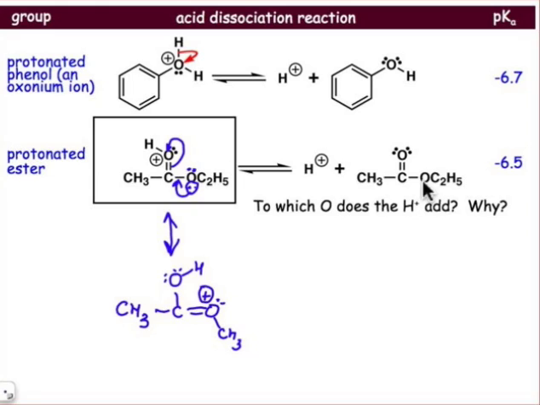So here, by protonating the sp2 oxygen, we have the important conclusion that we can share that positive charge on two atoms. Had we protonated that sp3 oxygen, we would have ended up with a structure that had no chance for delocalization. The positive charge would have been exclusively residing on one atom, and there isn't any way to spread that positive charge. There are no delocalized forms of importance when the proton has added to that oxygen.